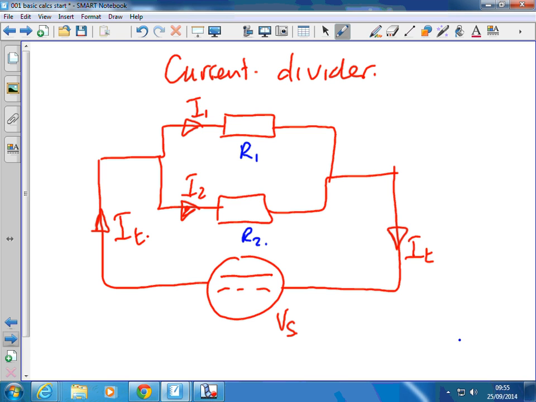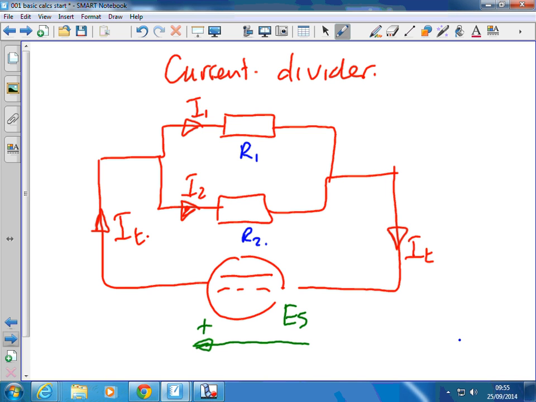In a parallel circuit, conversely, we have the source here, ES. I'll give it a direction that way, so that's the positive terminal. The total current flowing away from it splits, so you get a current divider for a parallel circuit.